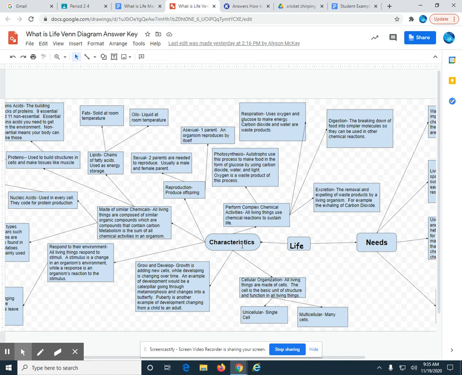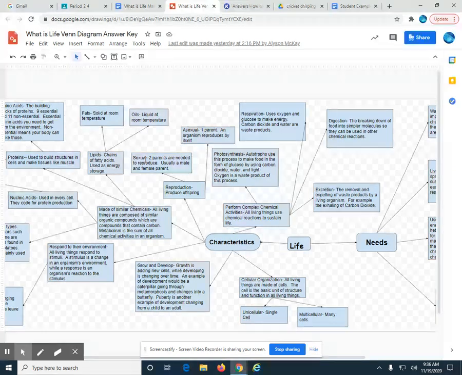Okay, let's find another characteristic. Reproduction, produce offspring. That's what reproduction means. So if I want to know more about that, I can follow the arrows. And one of the ways that living things can reproduce is sexually. That means that there's two parents, usually a male and a female.